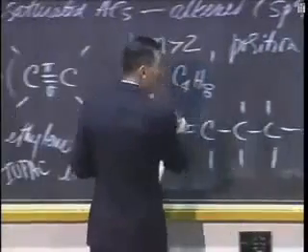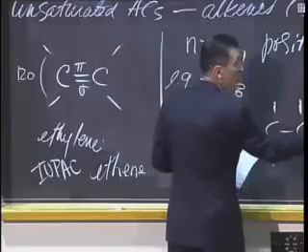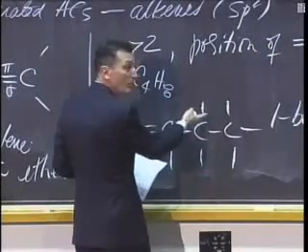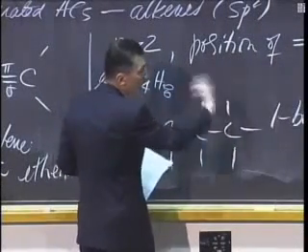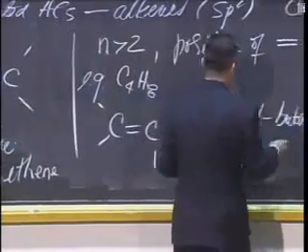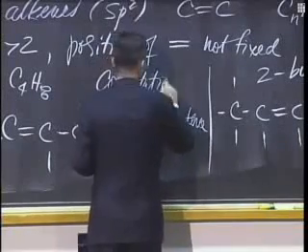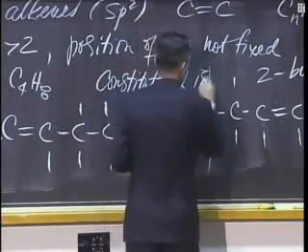So 1-butene and 2-butene turn out to be constitutional isomers because they have the same chemical formula, but they have a different mix of constituent groups. So let's label this as constitutional. These are both constitutional isomers.